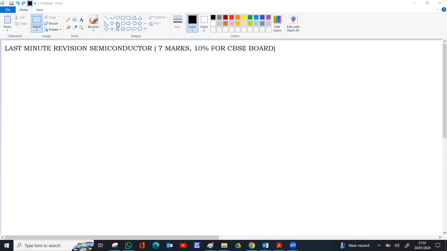Semiconductors are further classified into intrinsic and extrinsic semiconductors. Extrinsic is further subdivided into N-type extrinsic and P-type extrinsic semiconductors. We start with the first broad classification.